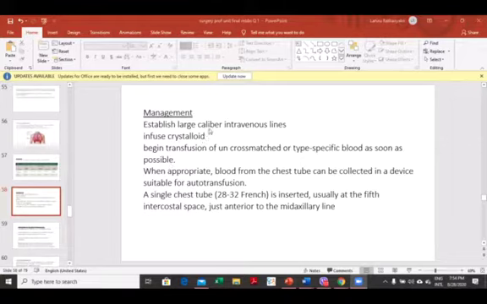What are the immediate life-threatening injuries according to the ATLS?